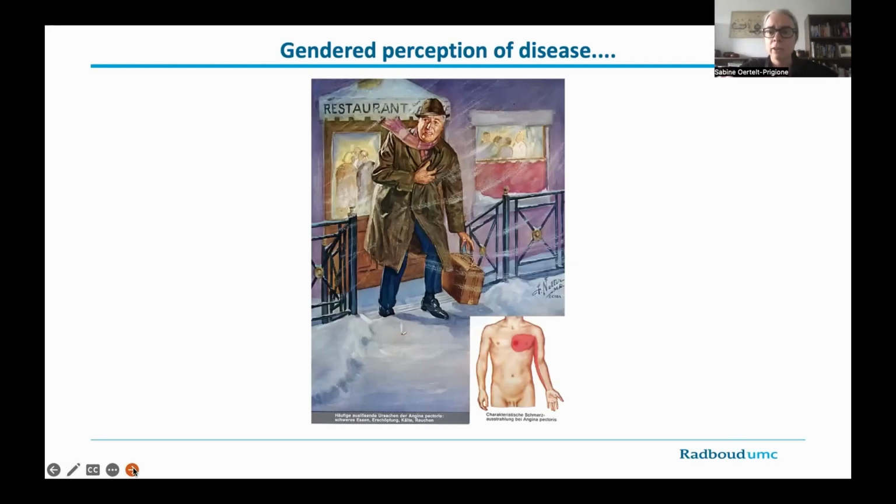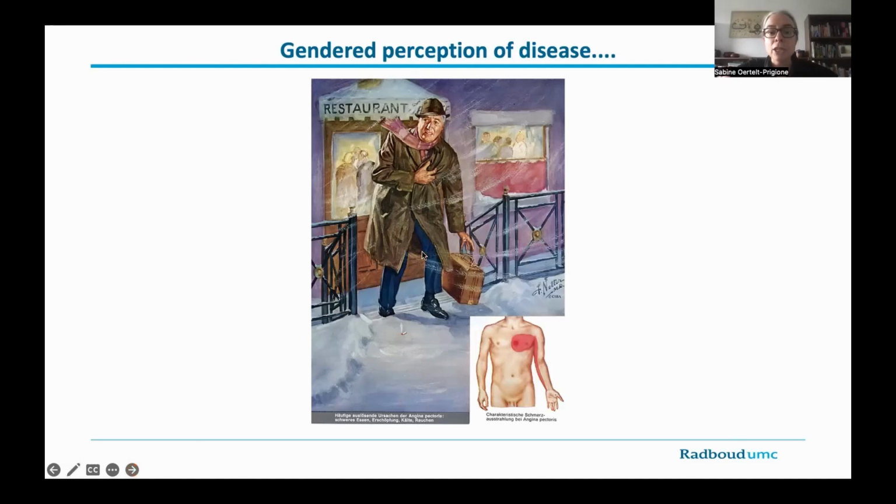So what you're seeing here is a typical image of the heart attack that we learned for decades until we realized that not everybody necessarily has the same symptoms. I still learned this when I was in medical school, which is not that long ago.